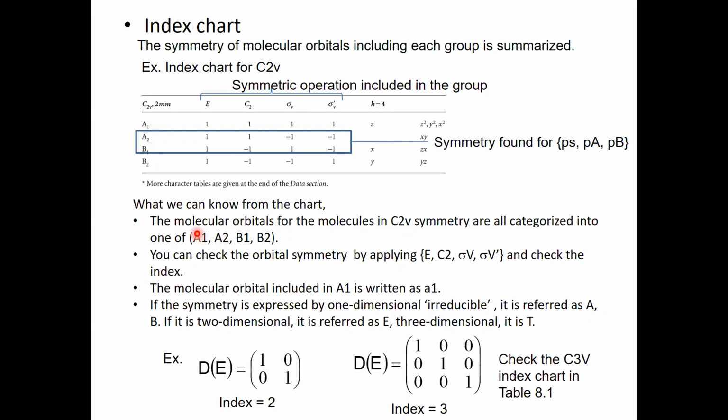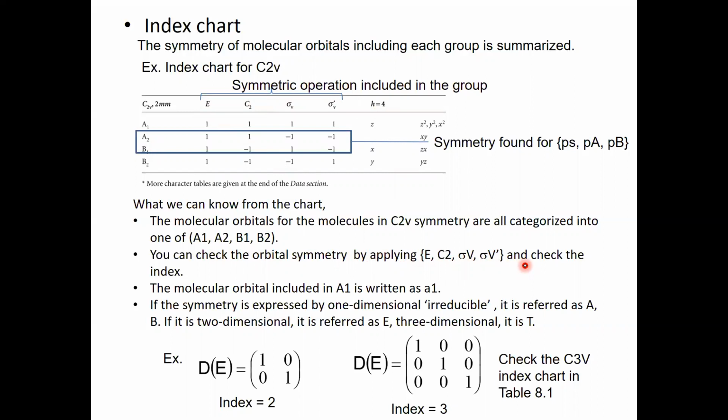And to understand which category each molecular orbital you are thinking about belongs to, it can be checked by applying these four symmetry operations, E, C2, sigma V, and sigma V dash, and checking the transformation matrix and calculating the index value.